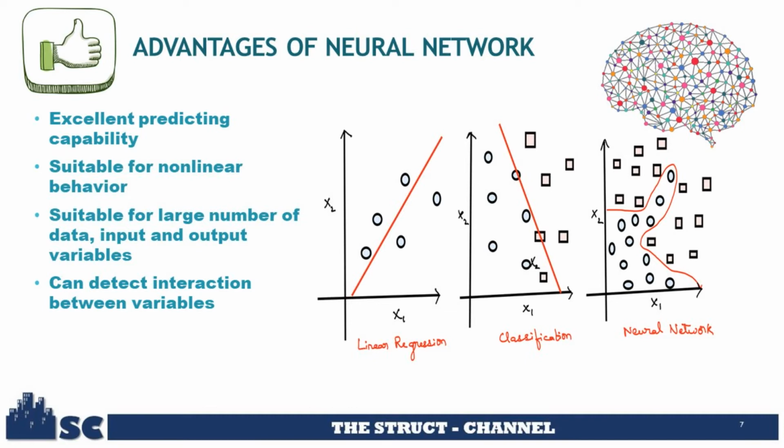Second, it is suitable for nonlinear behavior, which is good for modeling complex relationships. Also, ANN is suitable for a large number of data, a large number of input and output variables. And lastly, it can detect the interaction between those variables or input parameters.